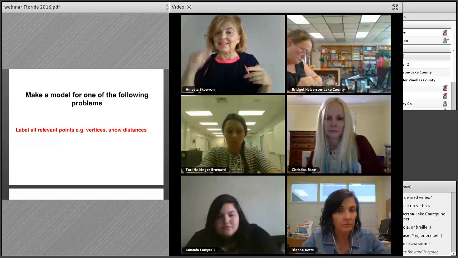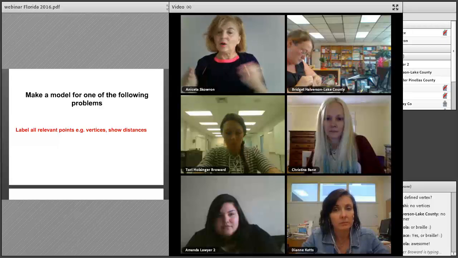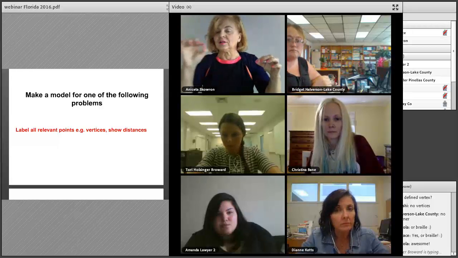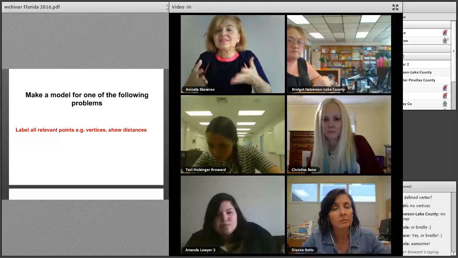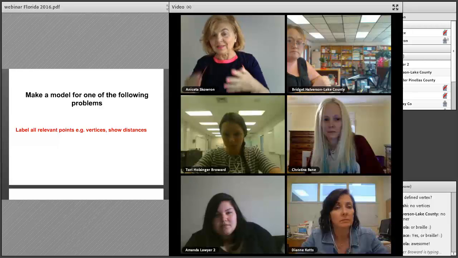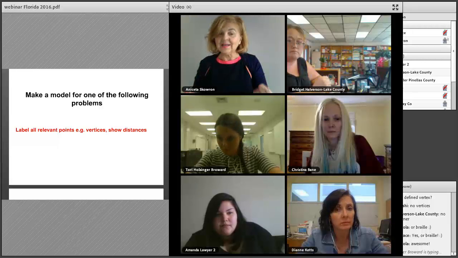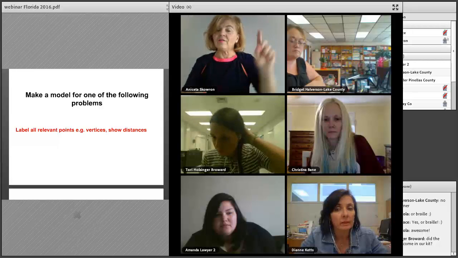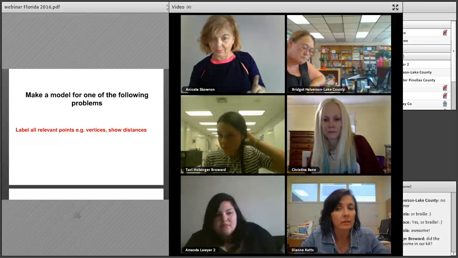The problem has dimensions, but you are not going to be measuring anything, because you can just write somewhere that it's a model. So it doesn't have the right dimensions, but it has the idea, right? So I want you to label vertices, points, show the distances for one of the following problems.